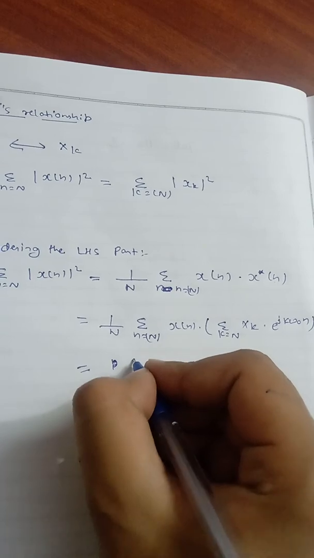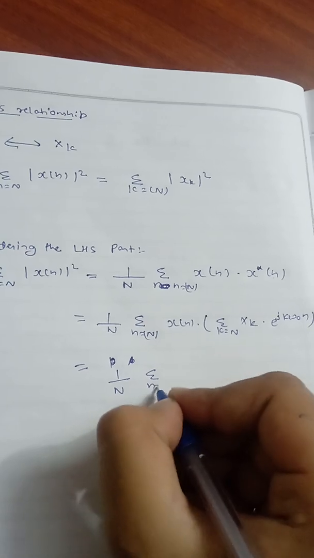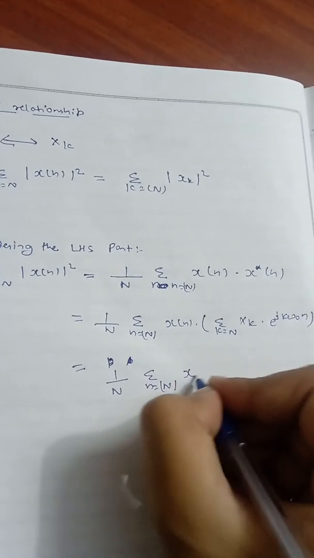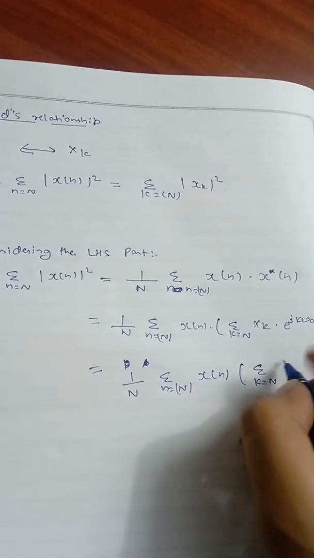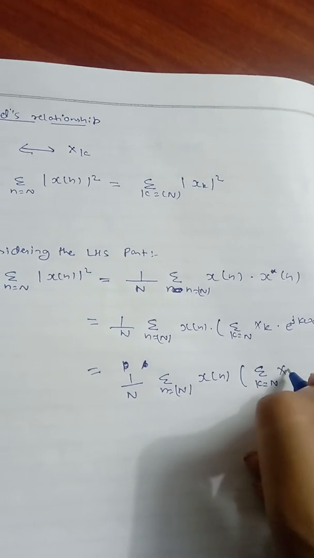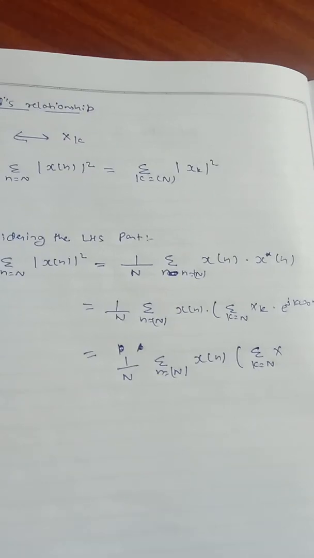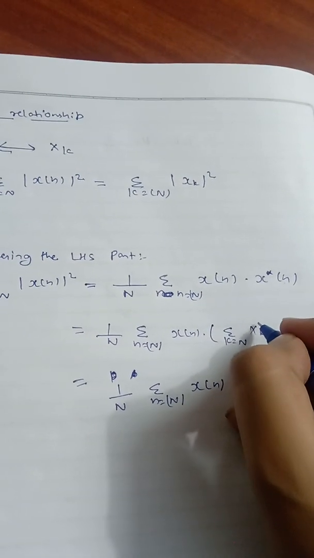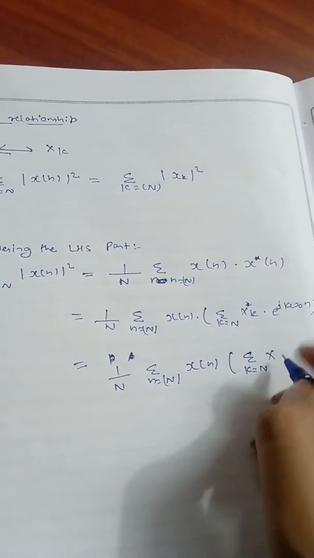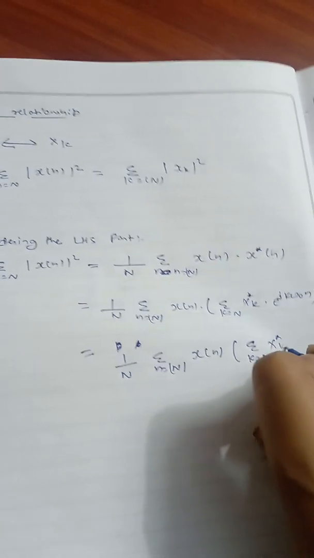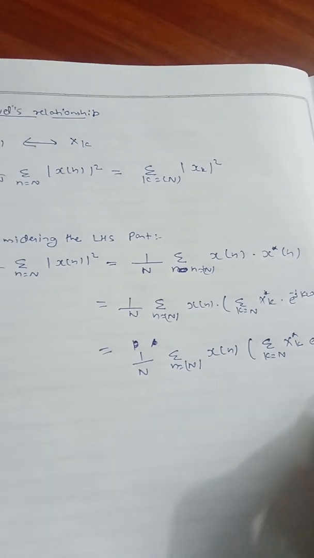Now we would write it as 1 upon n summation over n equals capital N x of n, k equals one time period. Here I forgot to write the x complement of k, and here also the x complement of k into e to the power minus j k omega naught n.